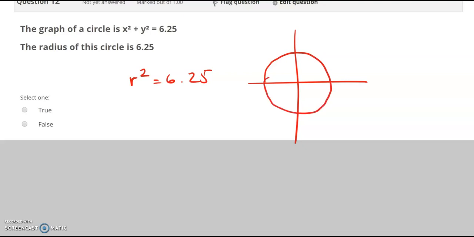If I drew the circle with the center being at the origin, and this would be the radius, we know through Pythagoras that the radius squared is equal to y squared plus x squared. So the answer here will be false.